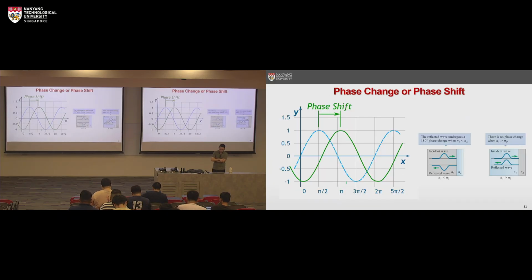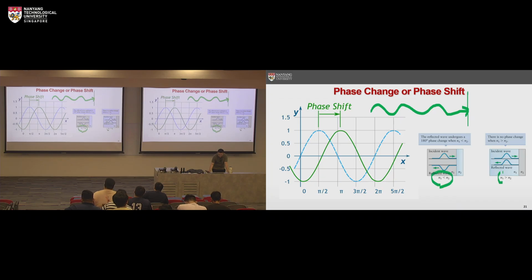When your light travels, you should expect that nothing is going to be very smooth. There is going to be something happening that is called a phase change or phase shift. Originally your light is traveling nicely, and now your light bumps into a wall. There are two scenarios, n1 and n2.